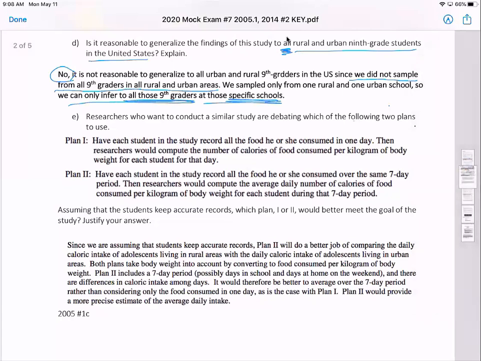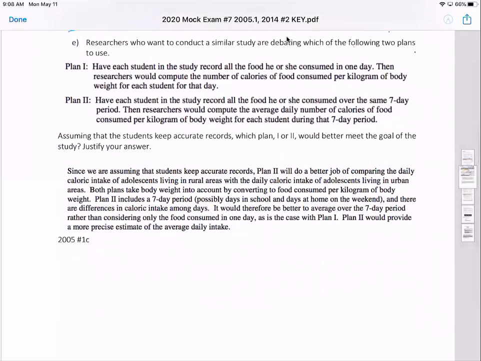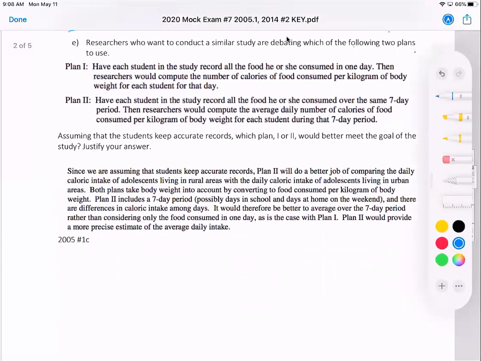And then E, I've cut and pasted the official solution from 2005, number 1C. But this says there's 2 plans. One plan is to have each student record the food consumed. Researchers would compute the caloric intake per kilogram.